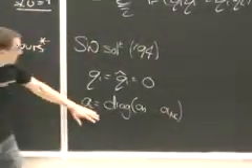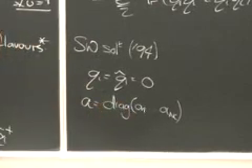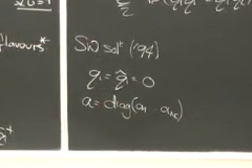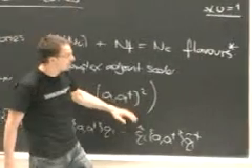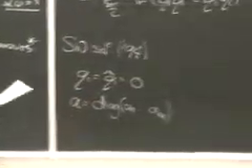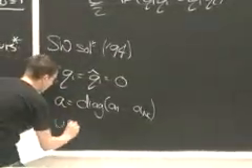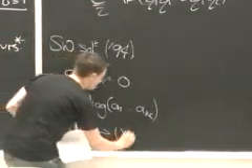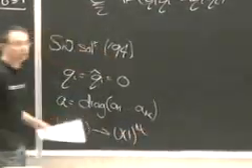You turn on vevs for the adjoint scalar, A, because A and A dagger have this commutator term in the potential. You have to make them diagonal. And what this does is it breaks the gauge group down to a bunch of U(1)s.